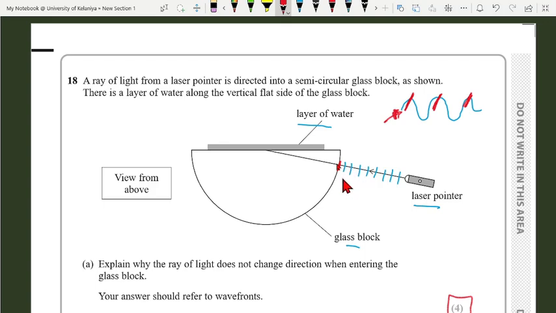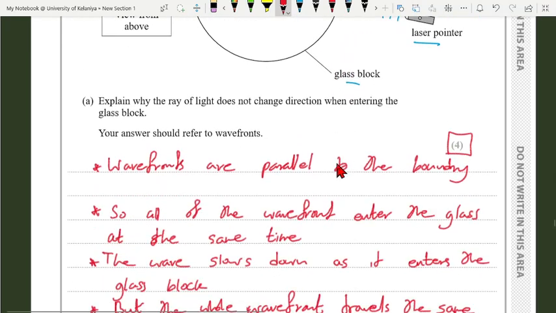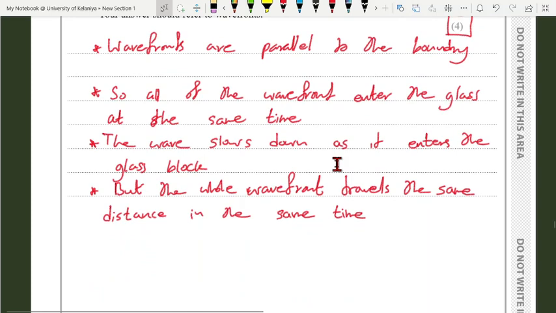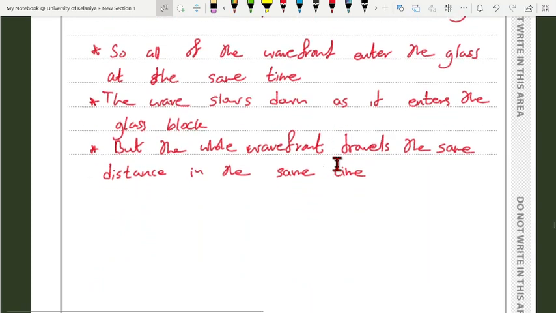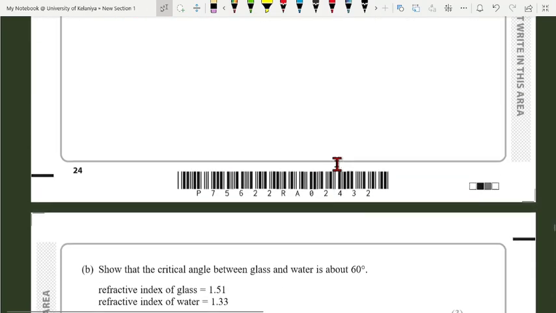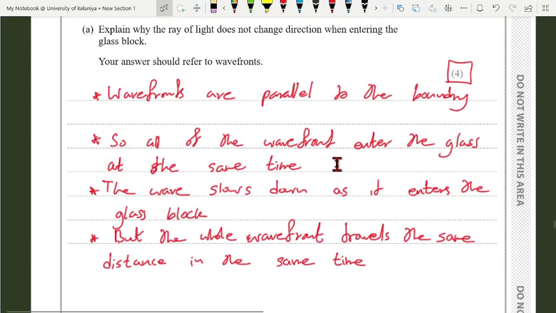So all the points on our wavefront enter the glass block at the same time, then the whole wave slows down, but the whole wavefront has the same speed. So the wavefront will travel the same distance in the same time. There is 1 mark for each point, so you will get 4 marks for this one.